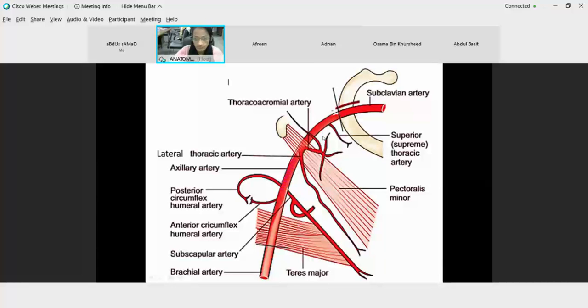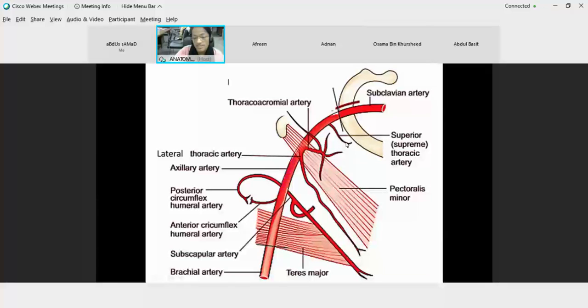third part, we have three branches arising. So one branch arises from the first part of the axillary artery, two branches from the second part, and three branches from the third part. This is the superior thoracic artery, which arises from the first part.